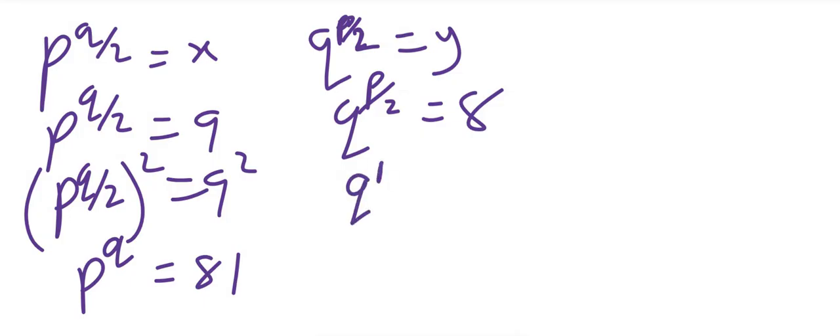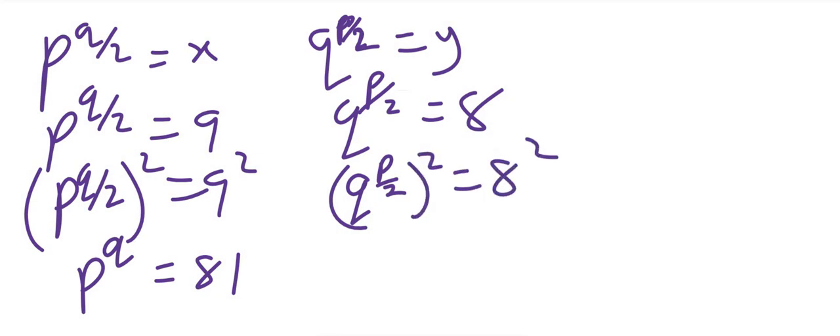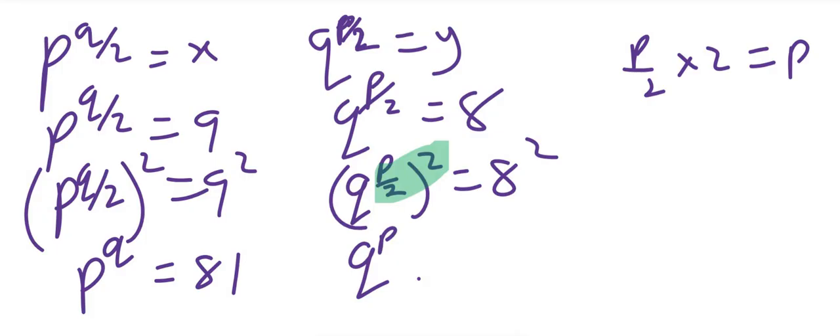Q to the power of p over 2 squared equal 8 squared. So if you multiply this, you have p over 2 times 2. This gives p. So I have q to the power of p equal 64.